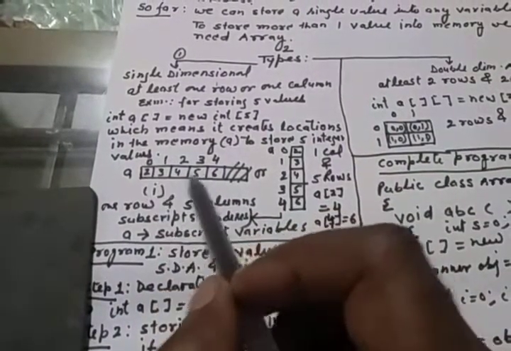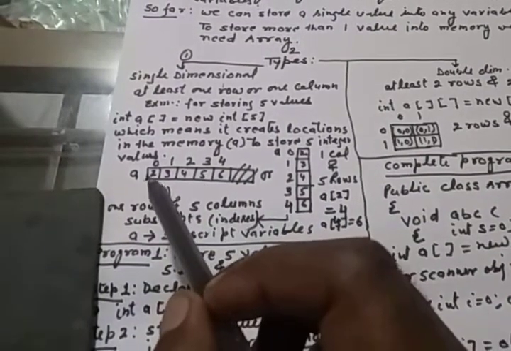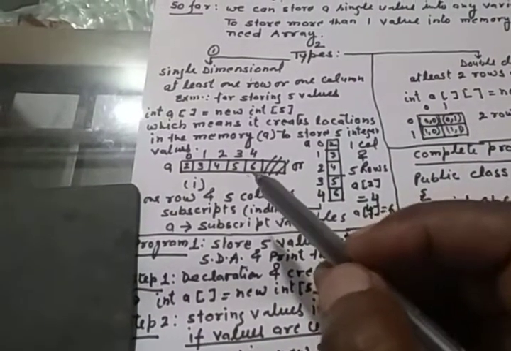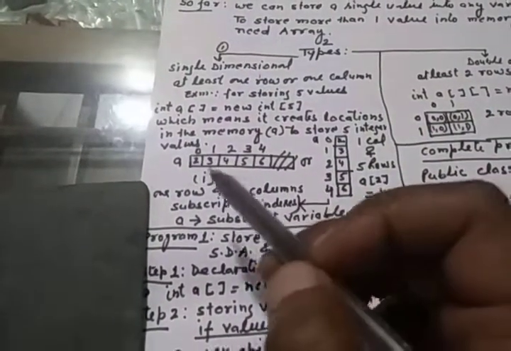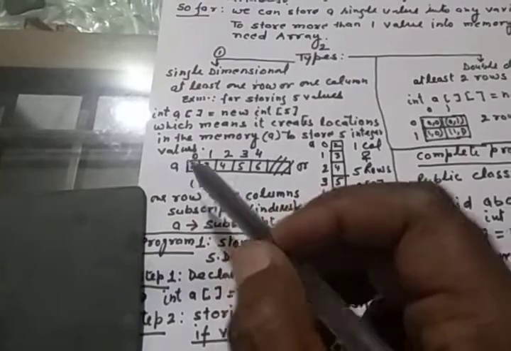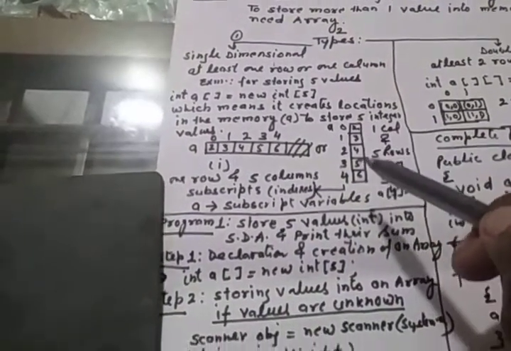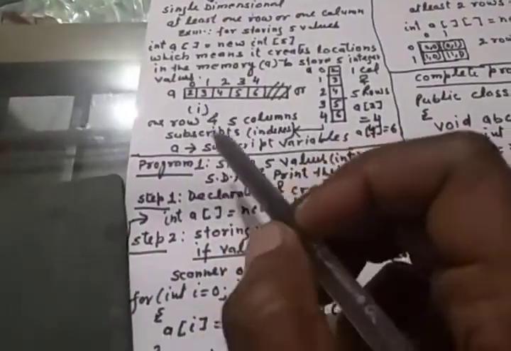In this example only one row is there, and in this example only one column. So single dimensional array means there must be at least one row or one column. This is one row and 5 columns. If you consider this, it is one column and 5 rows.